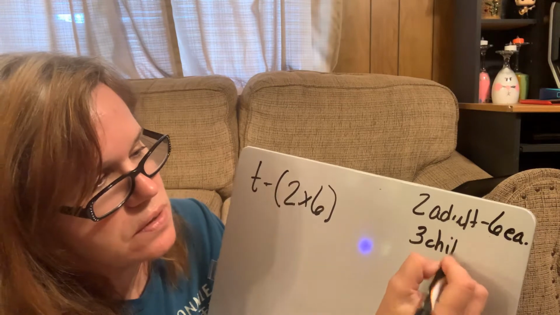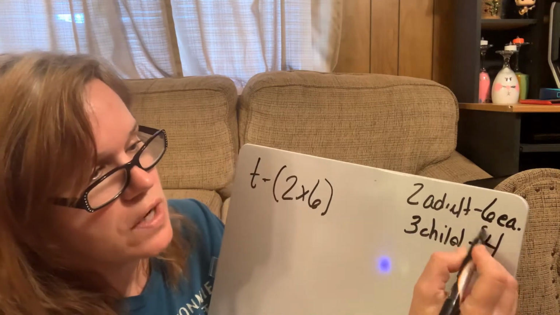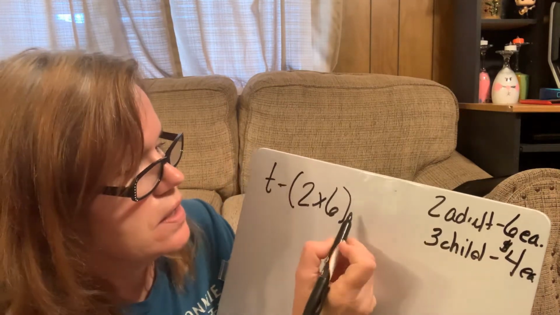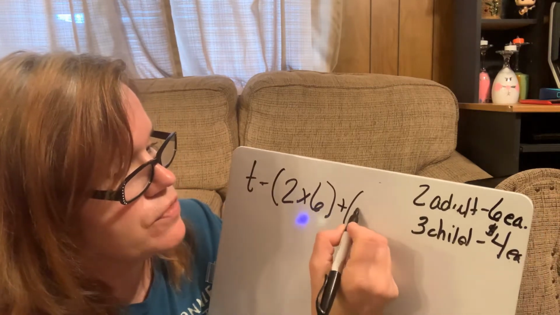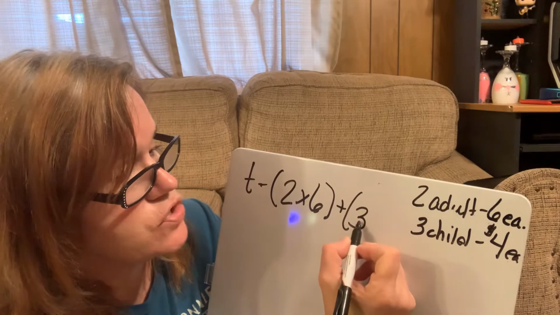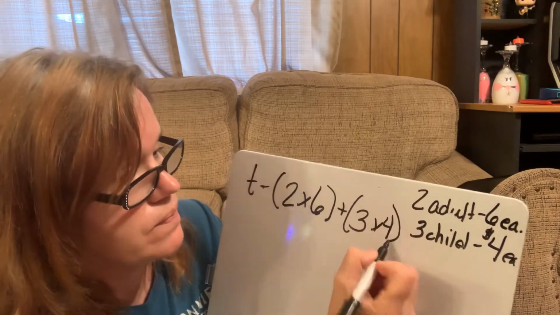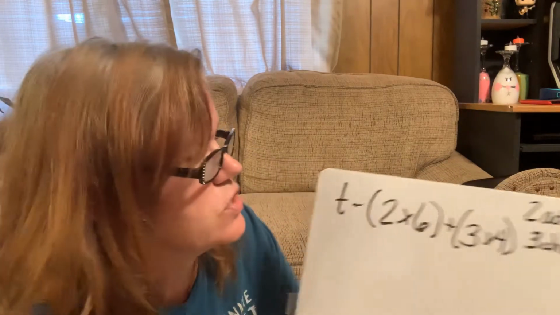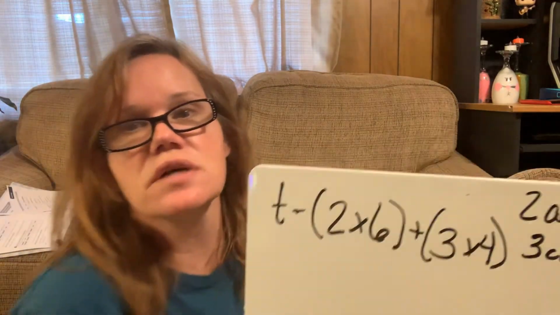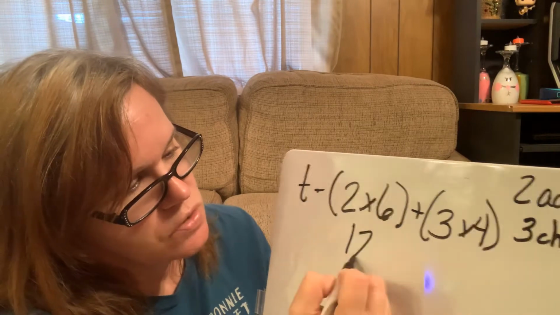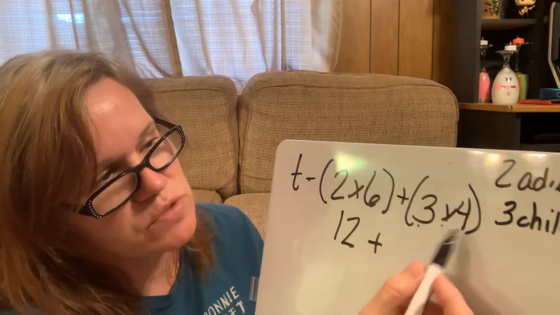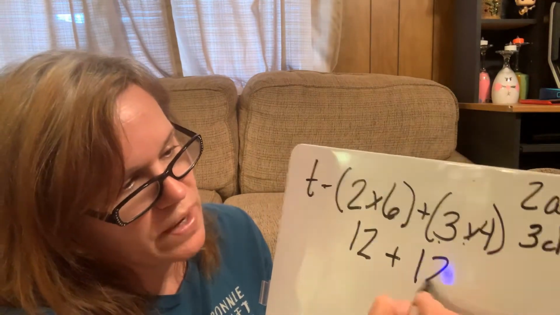We're going to need to add that to this, right? That's 3 groups of 4, 3 tickets for $4 each. Then we just need to solve what's in the parentheses. 2 times 6 is 12, plus 3 times 4 is 12.